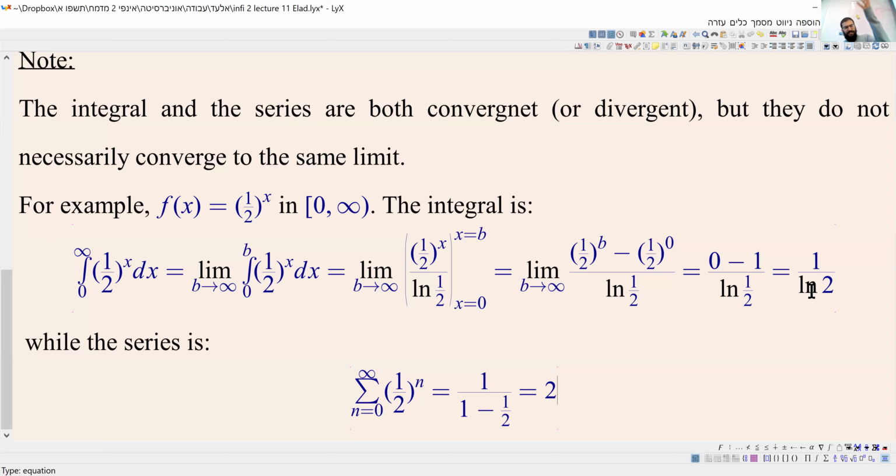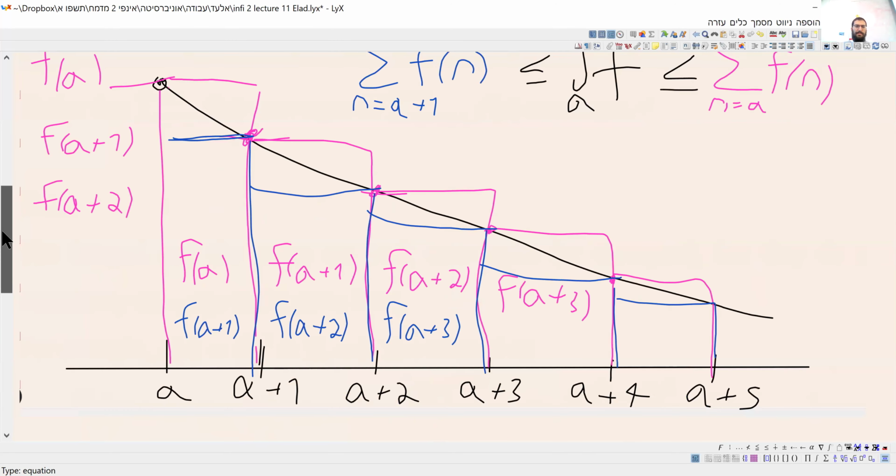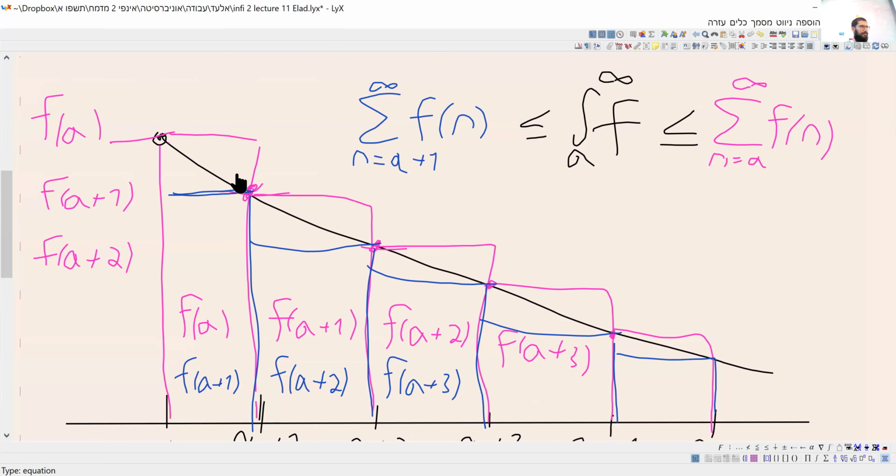Secondly, as we've seen in the sketch of proof, the series converges to a number greater than the limit of the integral. If you start the series one step forward, at n equals 1 in this specific example, you get a sum which is smaller than the integral itself by our sketch of proof.